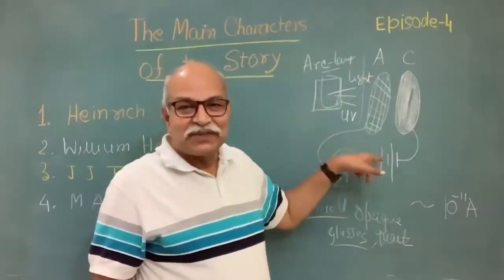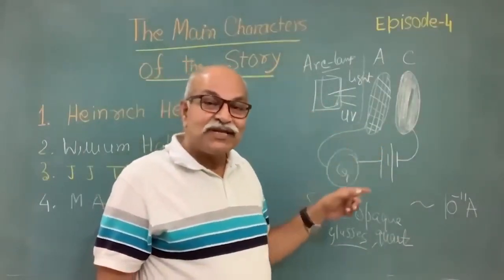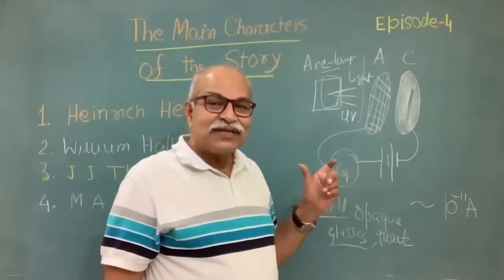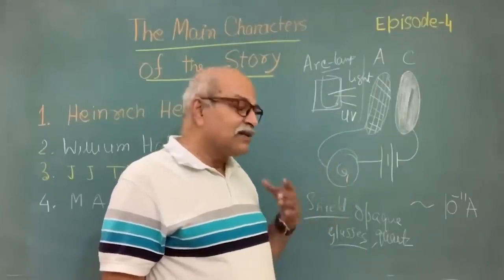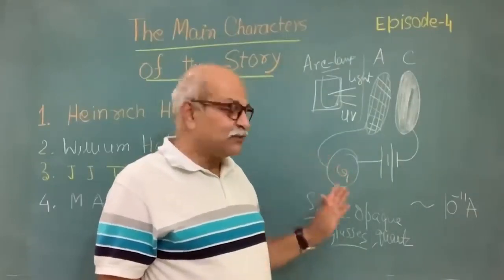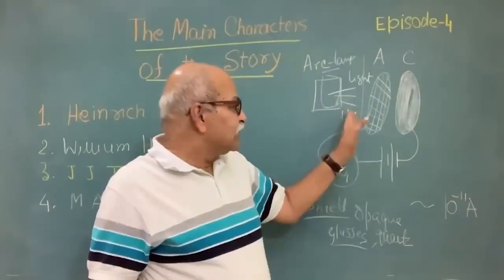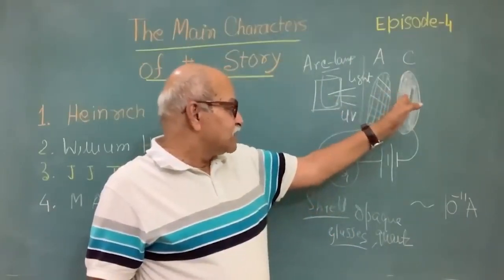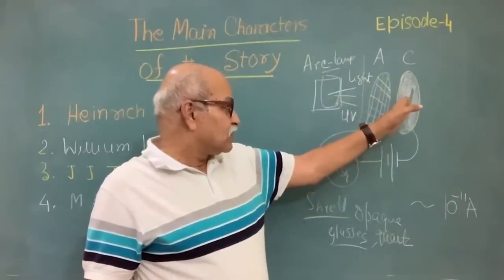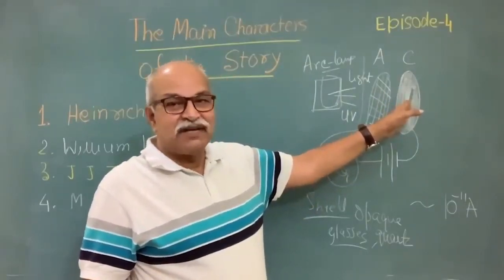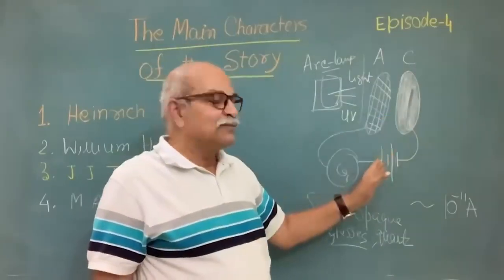So we have already talked about it. Quartz does not absorb UV. Normal glass will absorb it, and therefore normal glass, although it is transparent, will stop UV, and since this metal here is not appropriate for ejecting electrons with visible light, there is almost no current.